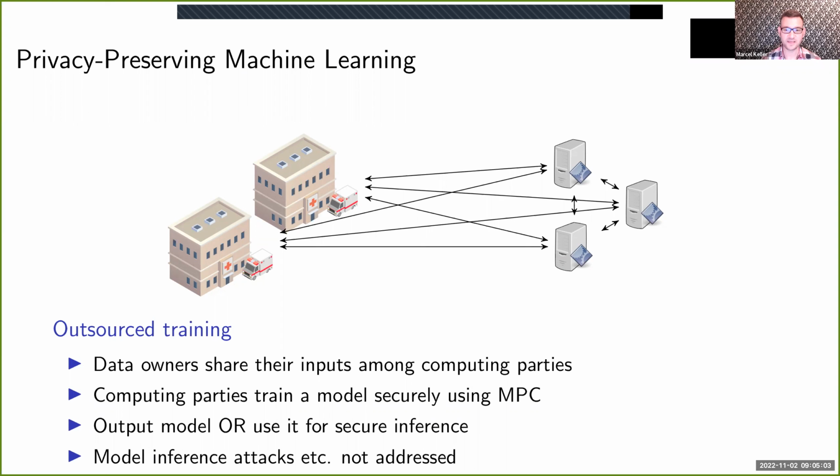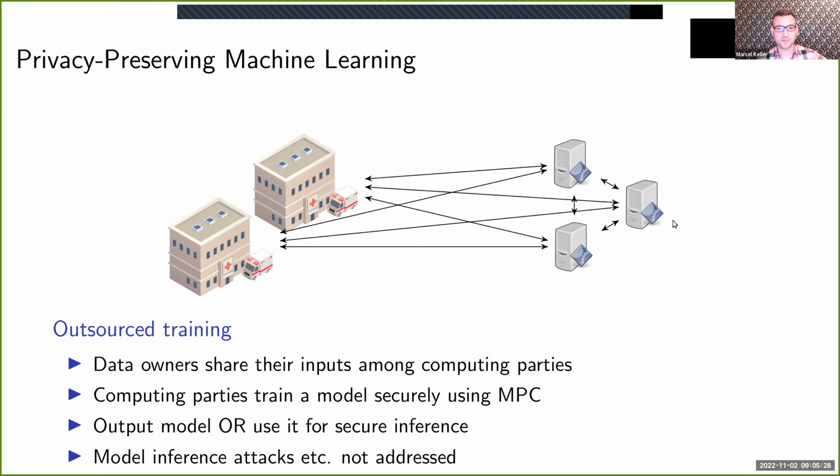I should also say that there are a lot more issues here that MPC doesn't cover. Of course, this doesn't per se protect against model inference attacks, or even how much data is revealed with the output.